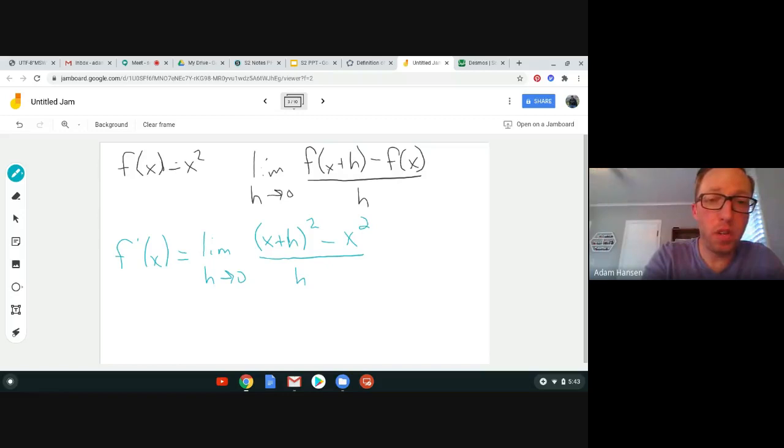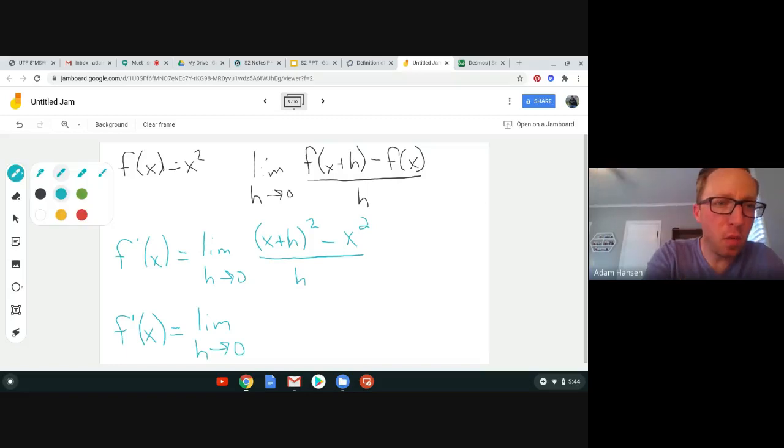All right, so our goal here is to simplify this as much as possible and evaluate the limit. f prime of x equals the limit as h goes to 0. x plus h squared, that would be x plus h times itself, another x plus h.